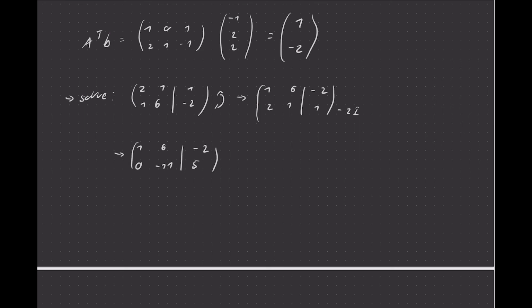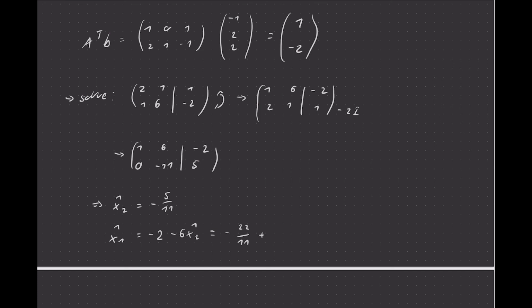So what we get here is, as our solution x hat, x hat 2 is 5 over minus 11, so that's minus 5 over 11. And x hat 1 is minus 2 minus 6 x hat 2. So let's see, that's minus 2 is minus 22 over 11.